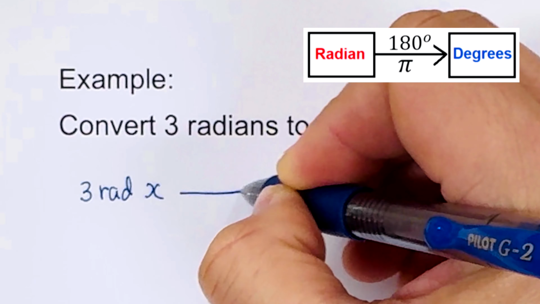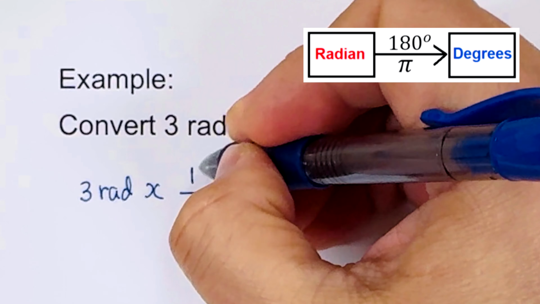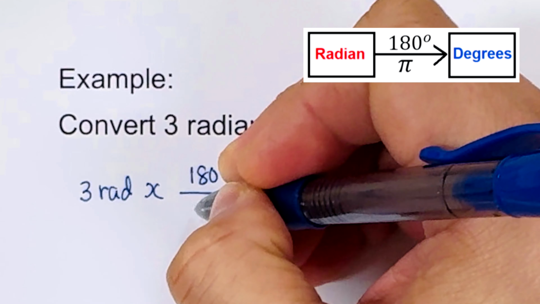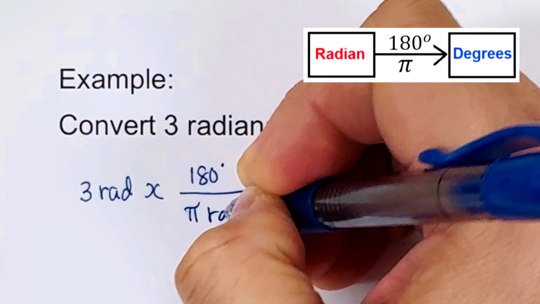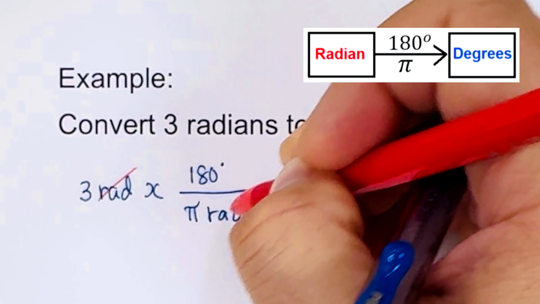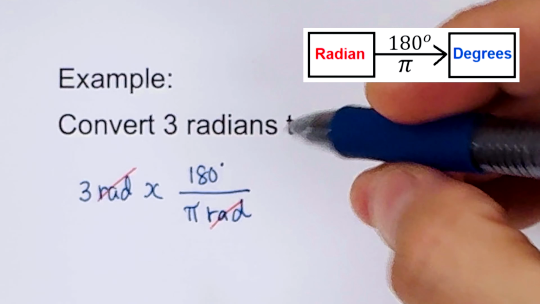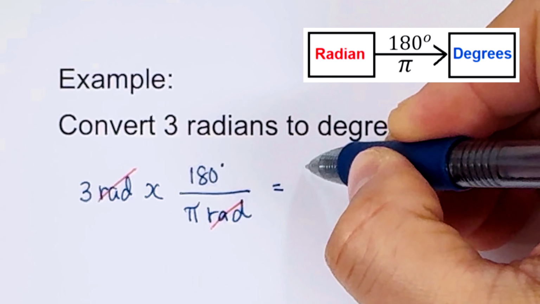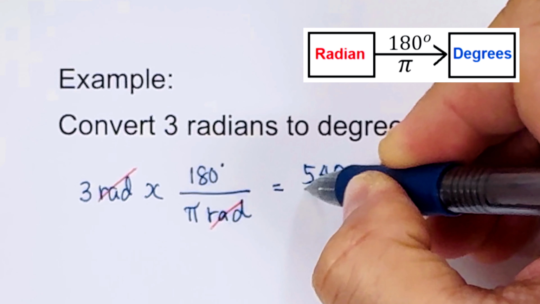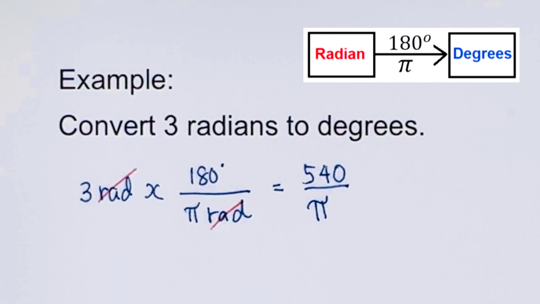Since this is a radian to degree conversion, our numerator will be 180 degrees and our denominator is pi radians. We can cross out the radians and radians here, and we multiply them across. So 3 times 180 would be 540 over pi. So this is the degree equivalent for 3 radians.